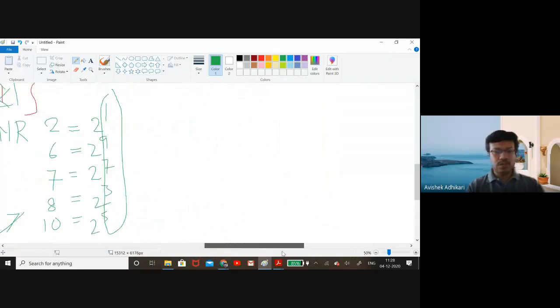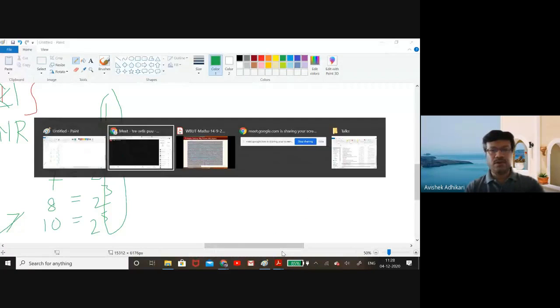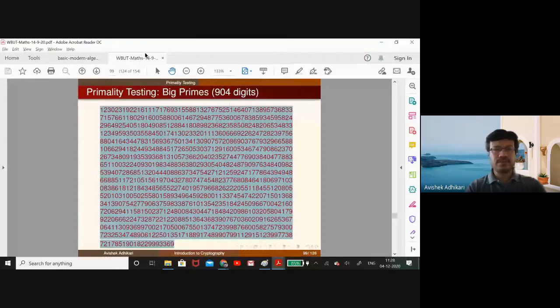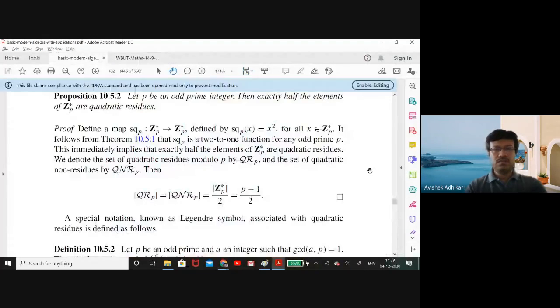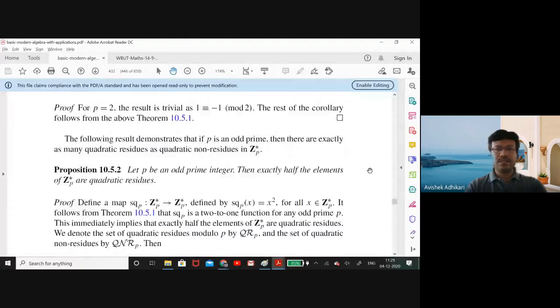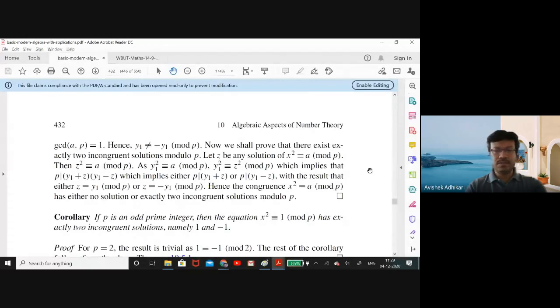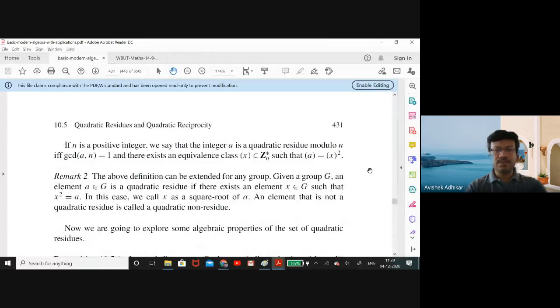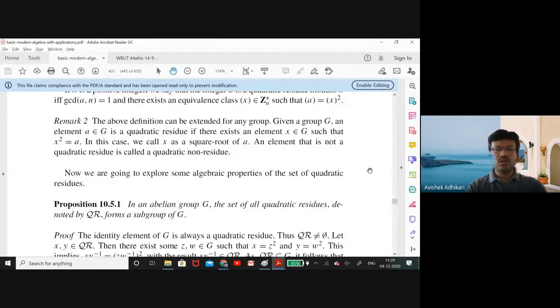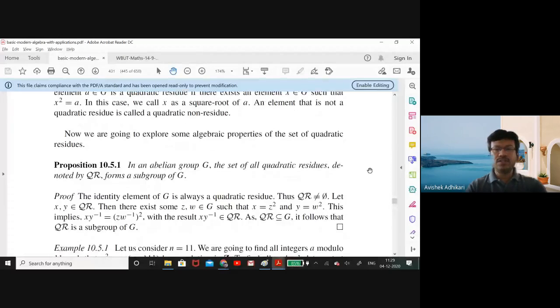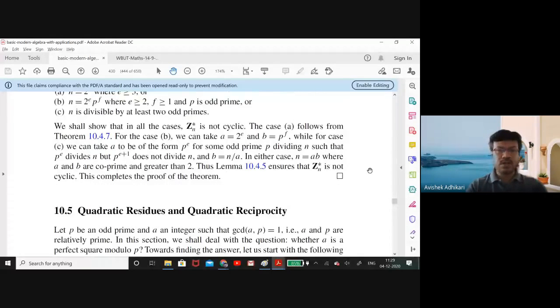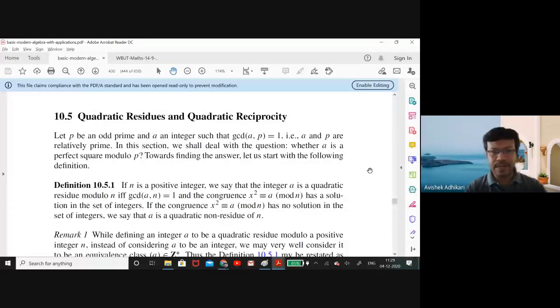Okay, so now let us have a look at the formal definition of what is a quadratic residue and what is not. As I mentioned, I started with real numbers, and instead of real numbers, I can also give the same definition for Zp, or in particular for any finite abelian group.